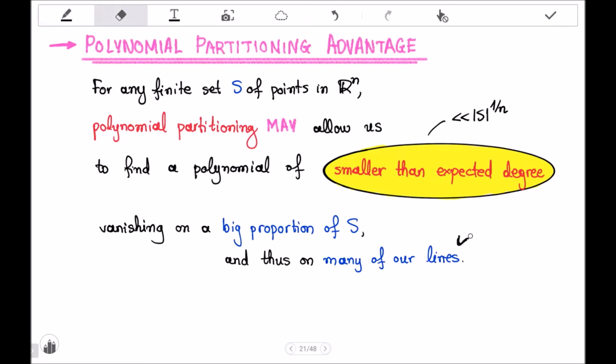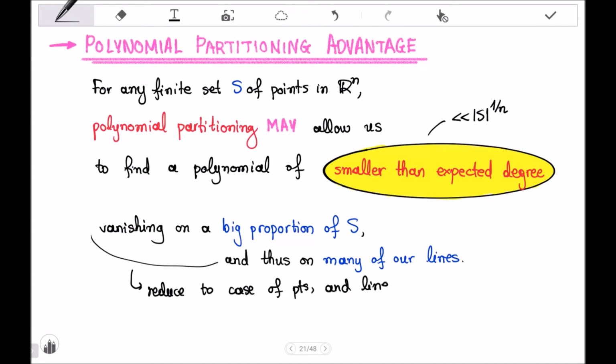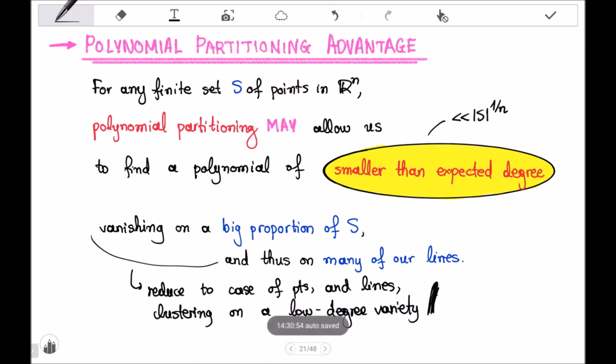Okay, so this is the idea that if we're lucky, polynomial partitioning will allow us to reduce to the case of points and hopefully lines in our family clustering on a low degree variety. A much smaller degree variety than the one coming from parameter counting.